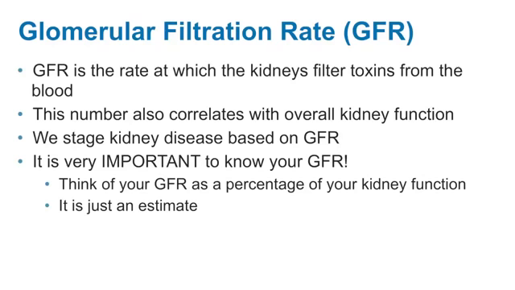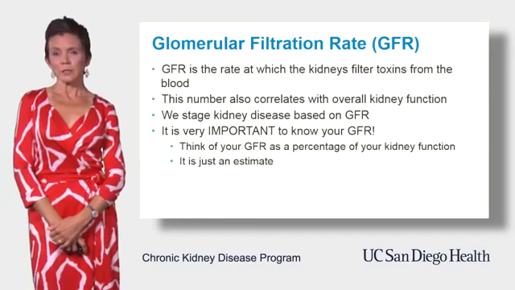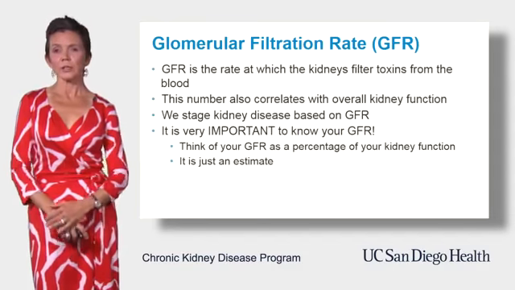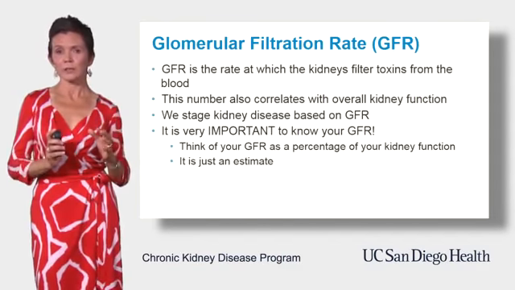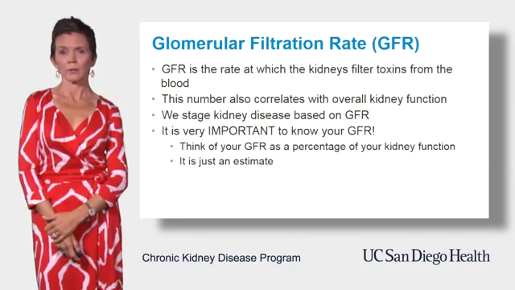It is extremely important that you know your GFR. In simple terms, you can think of GFR as a percentage of normal kidney function. For example, GFR 40 means that your overall kidney function, yes, for both kidneys, is about 40% of normal.